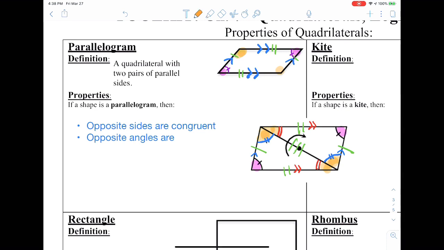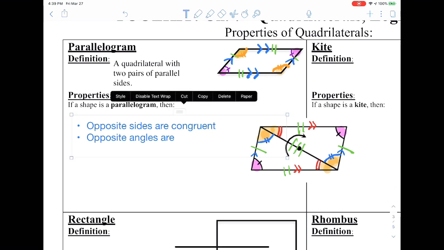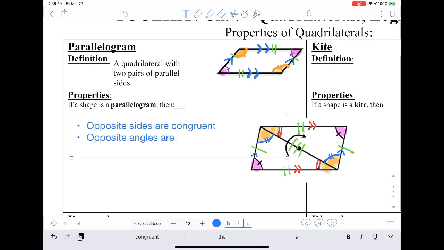So let's add that, showing opposite angles are also congruent. For now, those are the only properties we're going to add, although we will be adding more later.